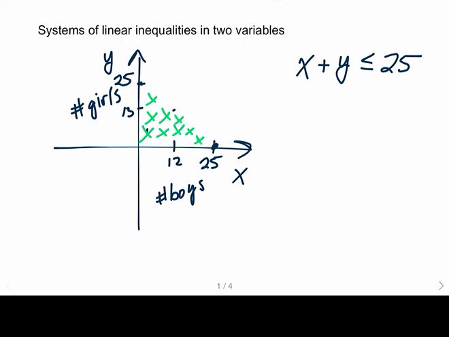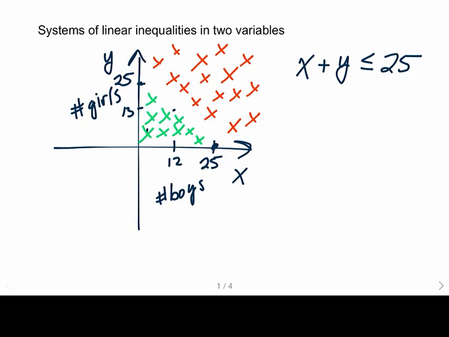But we cannot, for instance, put 30 boys in the bus and 5 girls, or 40 boys and 40 girls. Or in other words, there are combinations of boys and girls that are too numerous, right? The number of students altogether cannot exceed 25.